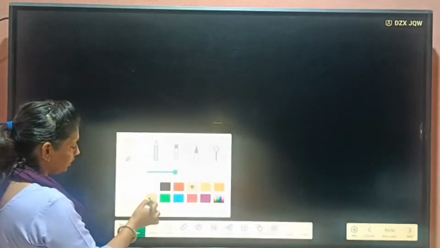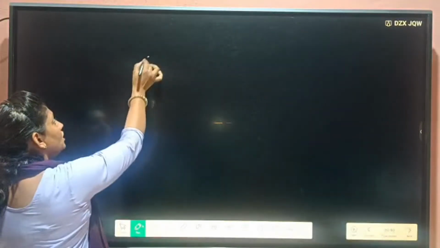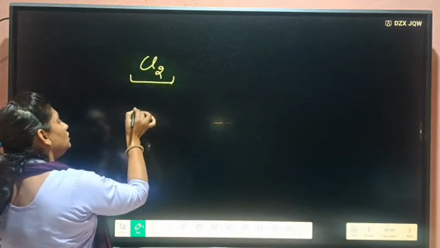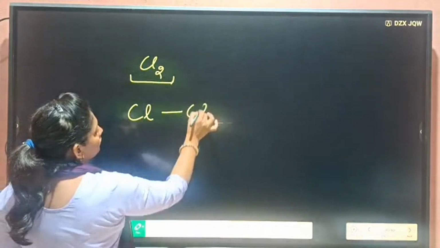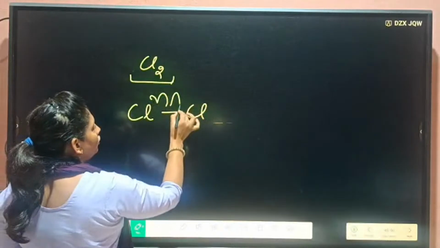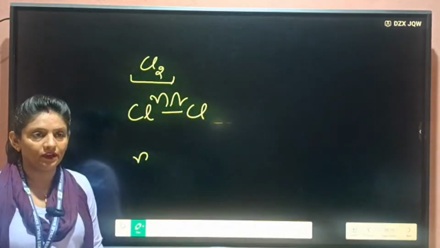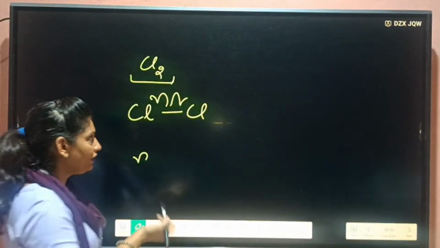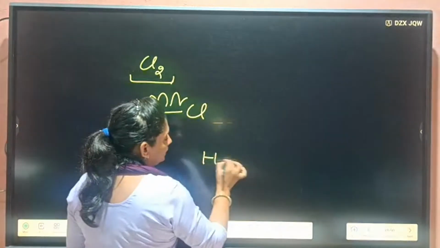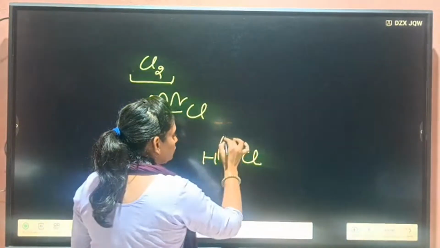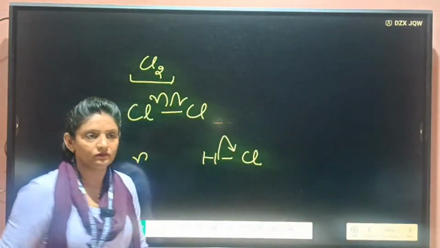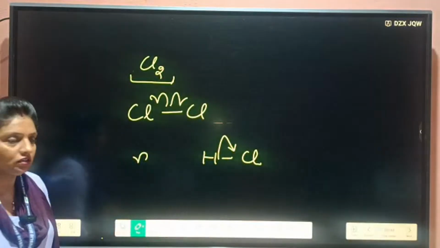I think it is clear. So homolytic fission we will show by this sign. Clear? And if heterolytic fission takes place, then we will show by this one. Clear or not?